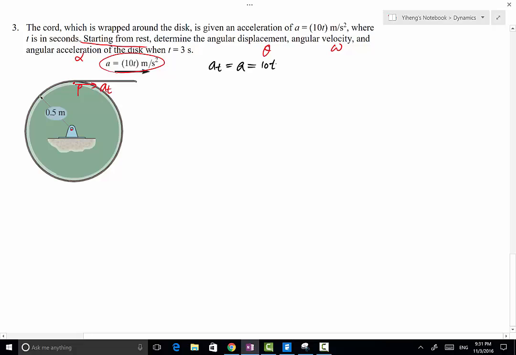So because the tangential acceleration equals alpha r, alpha being the angular acceleration, and r is 0.5, this equals alpha times 0.5. From here, you can solve for the angular acceleration alpha of the disk to be 10t divided by 0.5, that is 20t in the unit of radian per second squared.